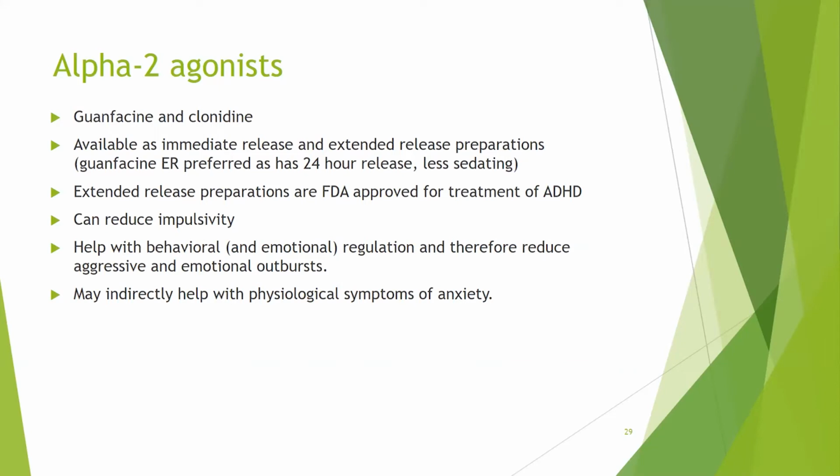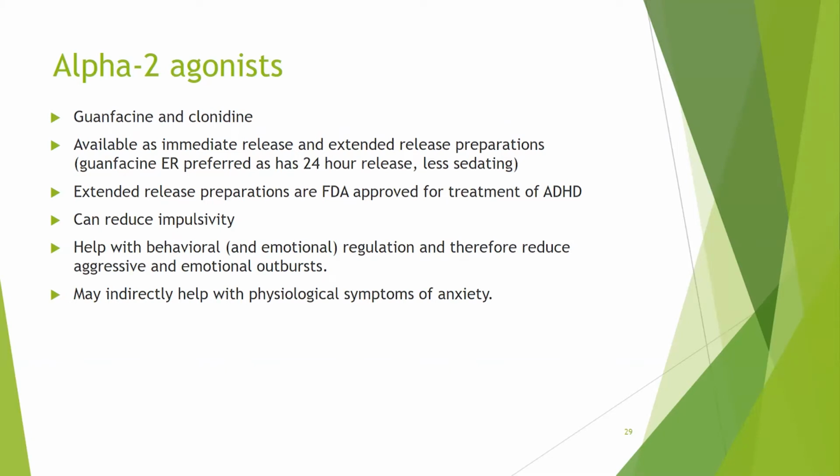Another type of medication that is commonly used to treat problem behaviors are the alpha agonists. There are two medications in this category, guanfacine and clonidine, and these are available as extended release preparations in the United States.